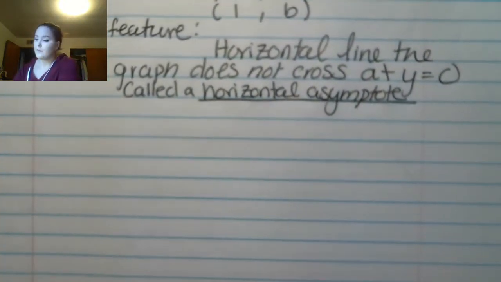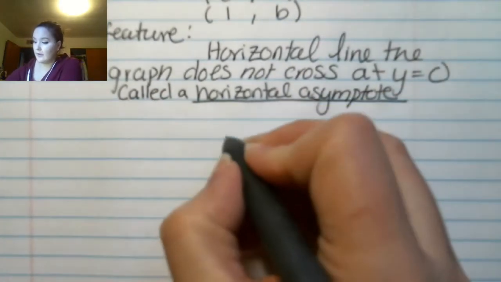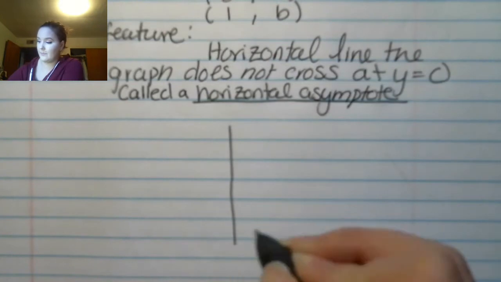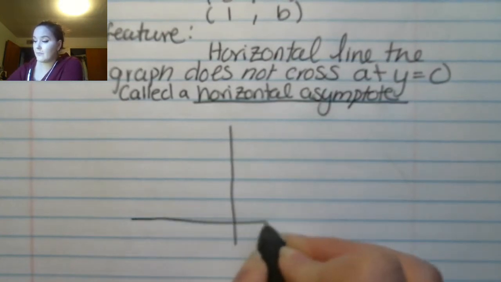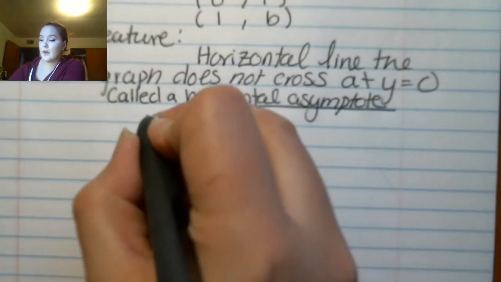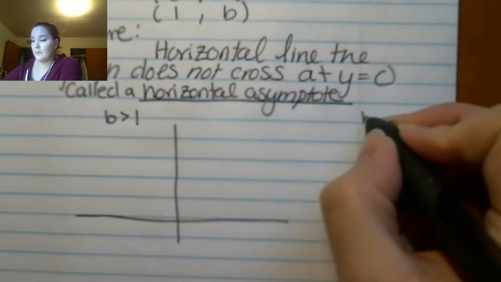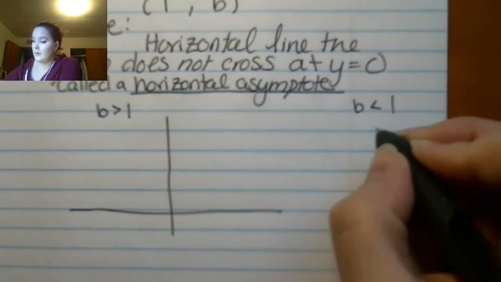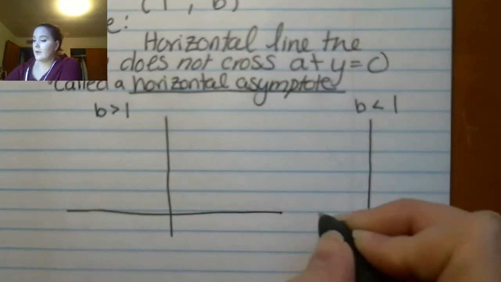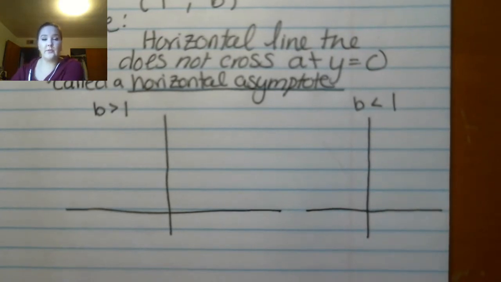Okay, so let's go ahead and look at the base graph. There's actually two base graphs. There's one for b greater than 1, and there's another one for b less than 1. The key points are all the same, they just look different.